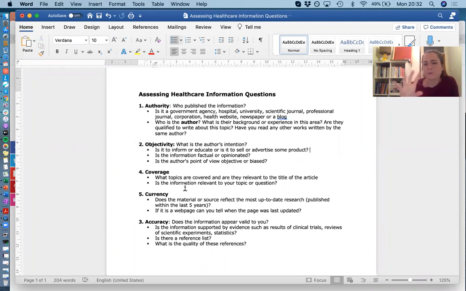A lot of the time, though, when we mean coverage, it's in order to answer the question that you have or answer the assessment question, is the information within this article relevant to you? So it's kind of a bit separate to the actual, does the article title match the content? For the most part, it usually will.